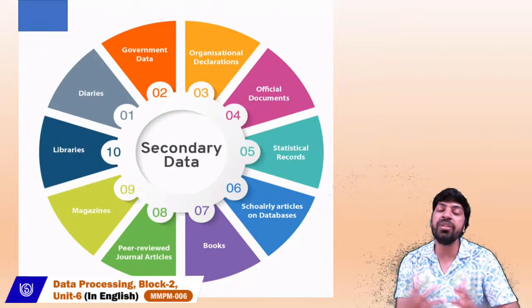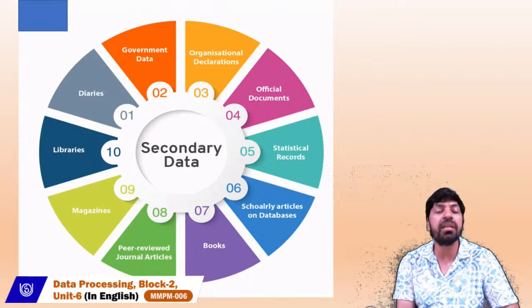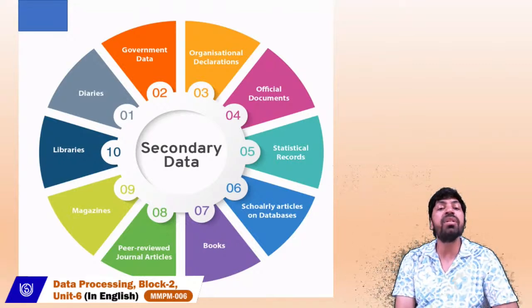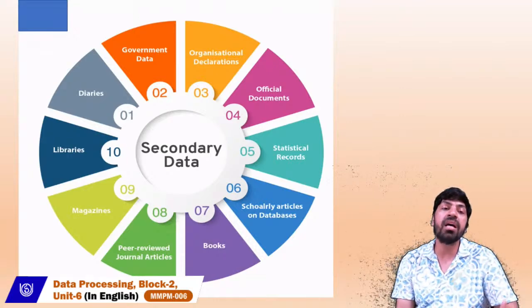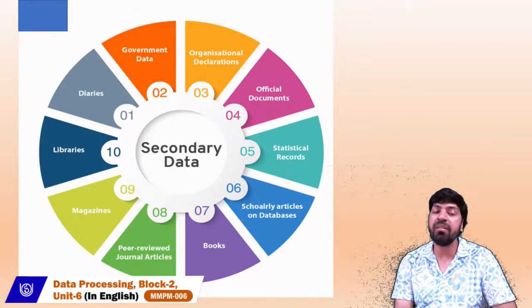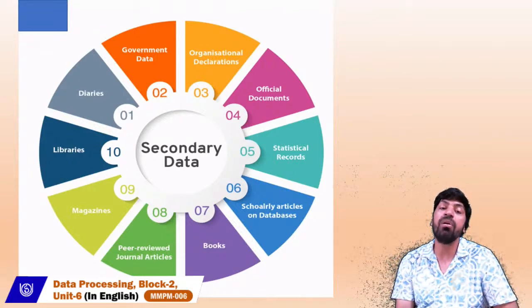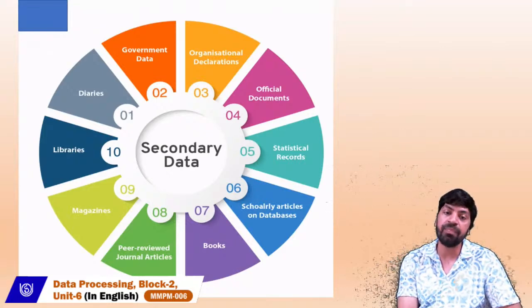Statistical reports: there are plenty of national survey organizations and central statistics organizations whose data sheets are available in PDF format on their websites, so they can also be termed a source of secondary data.